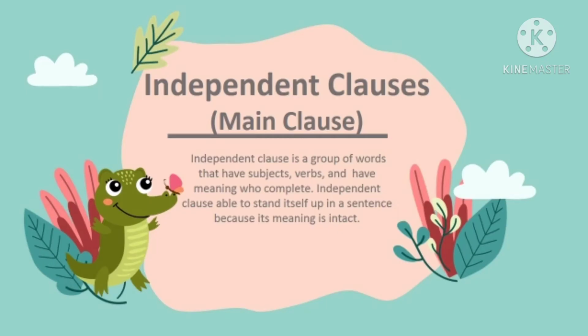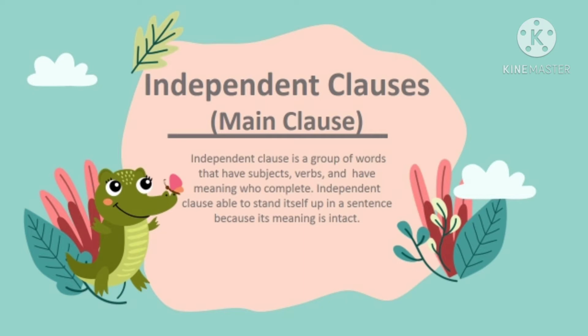The first is the independent clause, or we call it the main clause. An independent clause is a group of words that has a subject, a verb, and a complete meaning. An independent clause is able to stand by itself in a sentence because its meaning is intact.